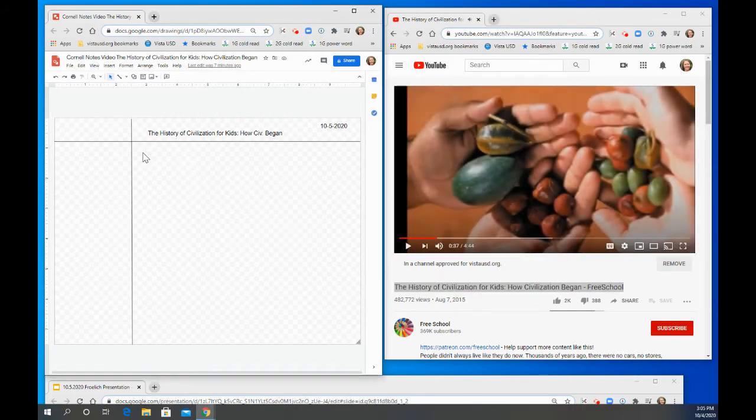All right, so I'm going to pause there about 30 seconds and write down the absolute most important detail in my notes. The most important detail I heard is that long, long ago, I'm just going to put long time ago, people lived as hunters and gatherers. That's what I heard.